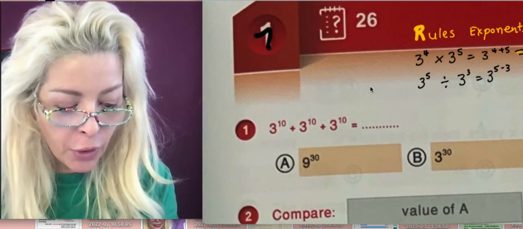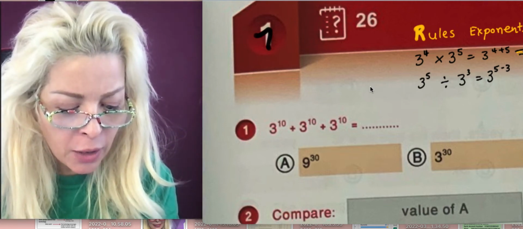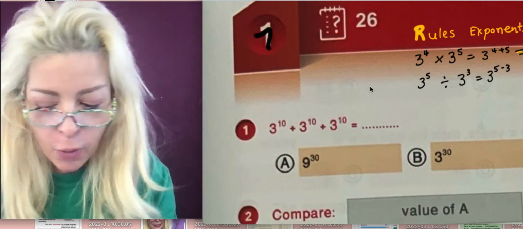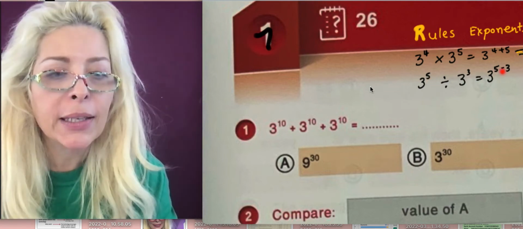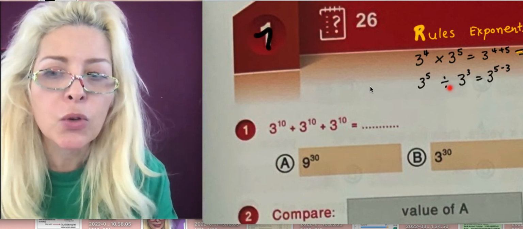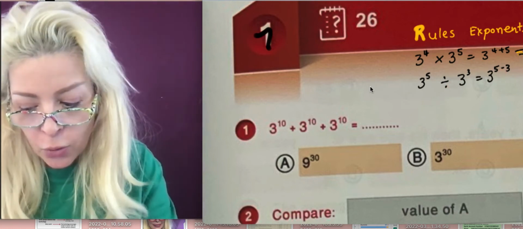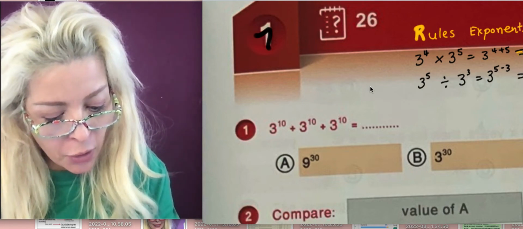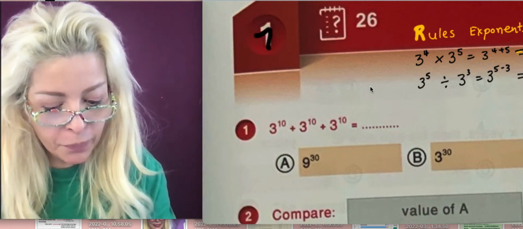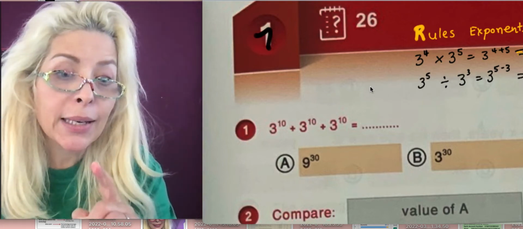Okay, so we will take the power of 5 and subtract it from the power of 3. So we're taking 5 and 3 and we're subtracting them. Why? Because it's division. That's what the rule says. So this will give us 3 to the power of 2. Okay? So that's the next rule.